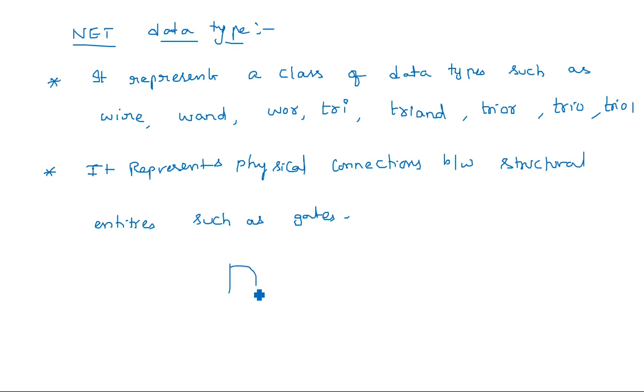Suppose you take an AND gate and its output is given to another OR gate as an input. When you are giving one output to another input, we have to specify this particular line with net. So net is an interconnection between two gates.